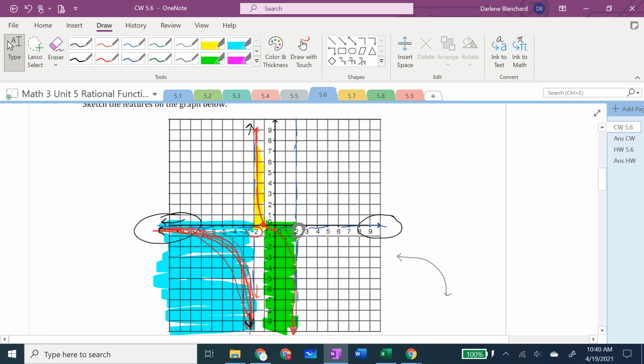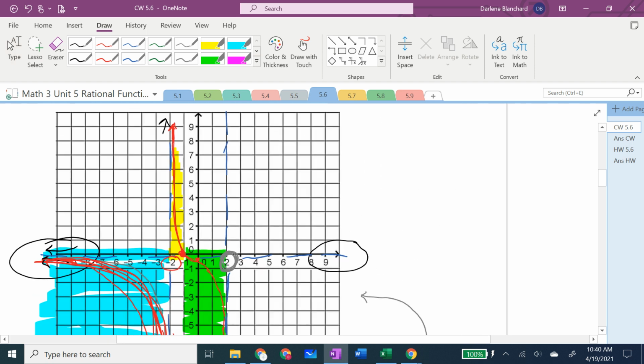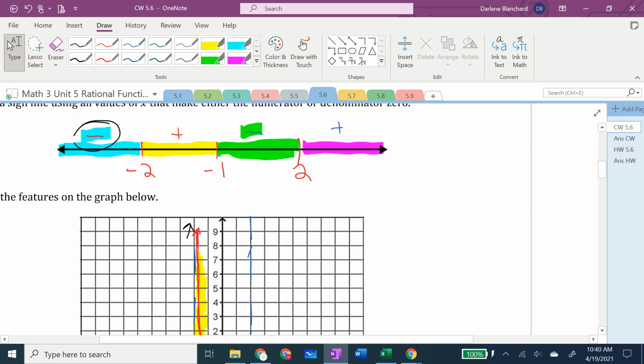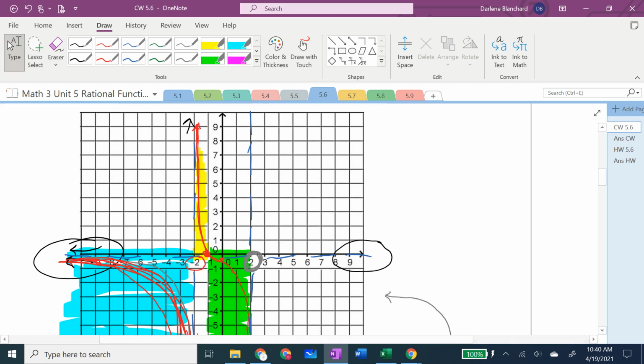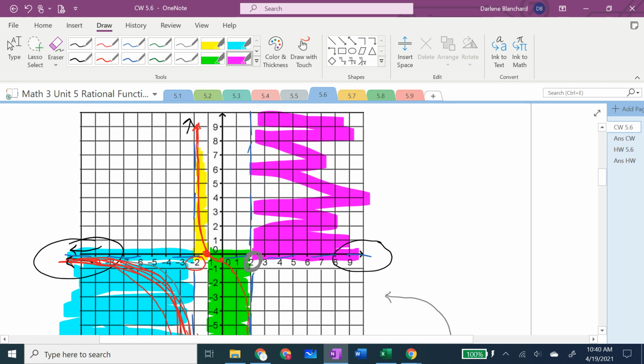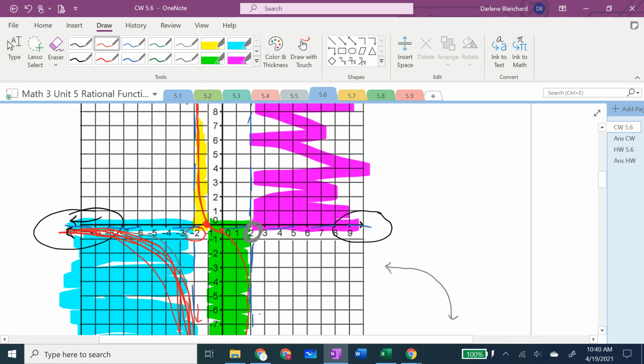I'm going to finish this. So positive above the x-axis. So from 2 all the way down, I have to be above the x-axis. My vertical asymptote has a right side.